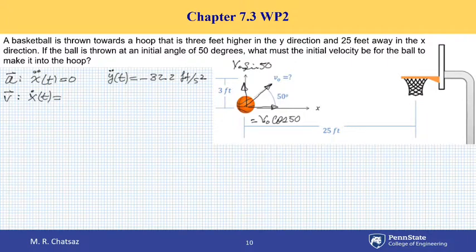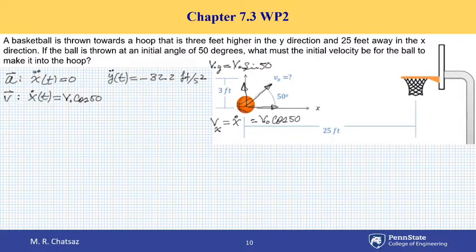So this I designate as x dot, or velocity in x direction, and this is initial velocity in y direction. It is v naught y. This is v naught x, which is the same, so I call it vx. It is constant, the same as time goes on. So in x direction, x dot then is v naught cosine of 50.